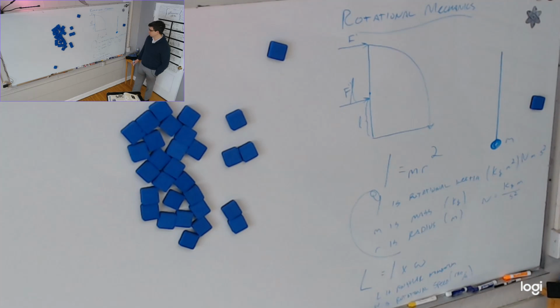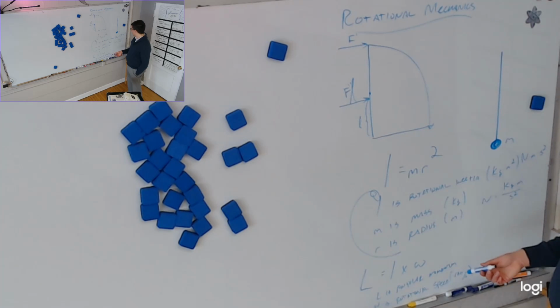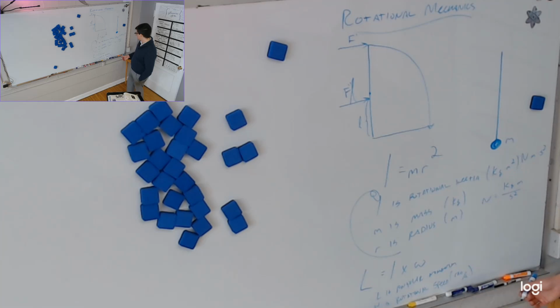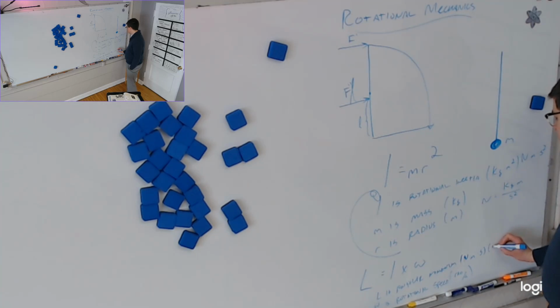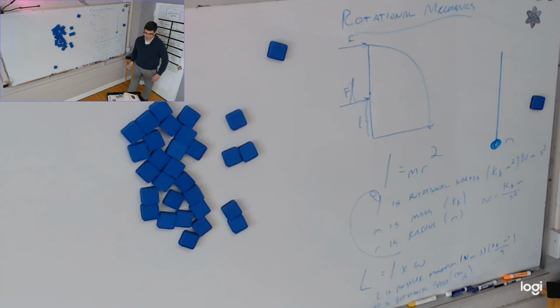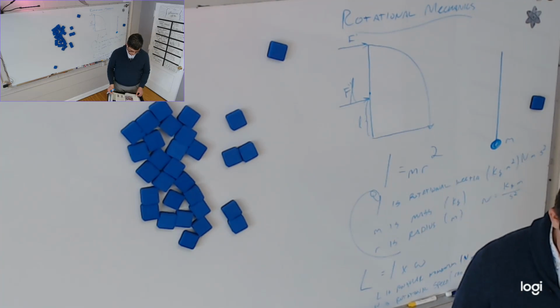Rads is kind of a pseudo unit. And then the I is mr squared, and so that'd be Newton meter seconds for angular momentum. Newton meter seconds, or kilogram meters squared per second. And as we said, angular momentum is always conserved.